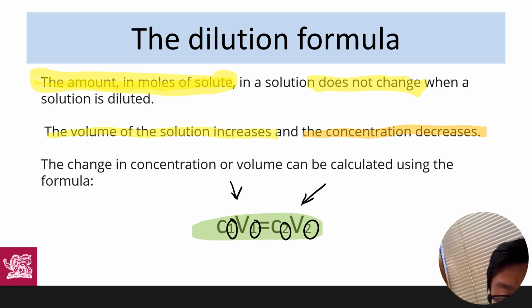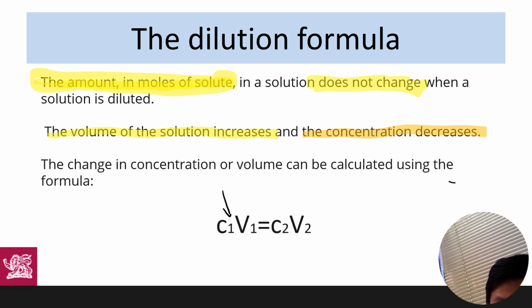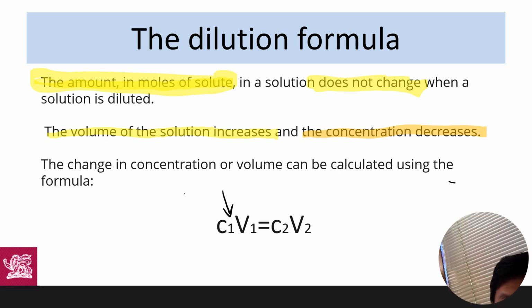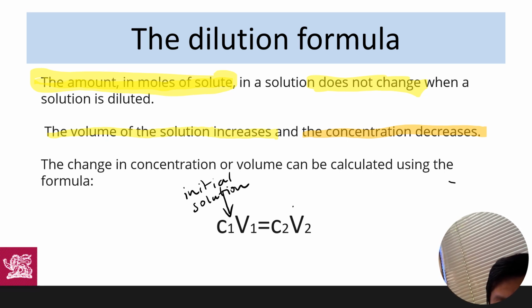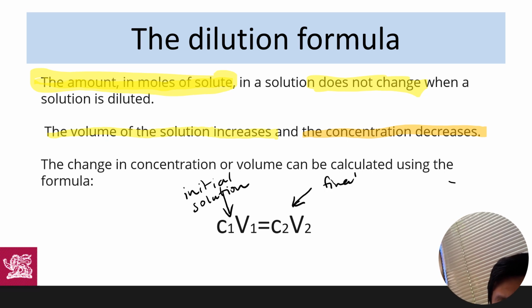So I would normally save the 1s for information relating to the initial solution, or the more concentrated one, and I would use the 2s for information relating to the final solution. In other words, the dilution.